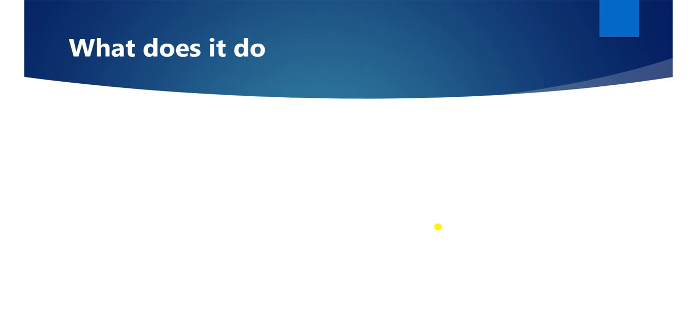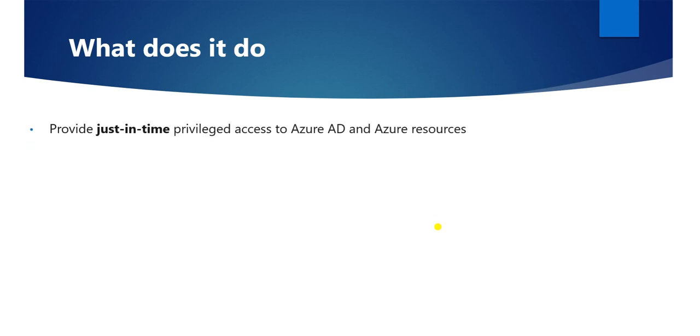So now what does it do? PIM provides just-in-time privileged access in your Azure Active Directory. Just-in-time privileged access means that just for a specific time you can assign admin access or any type of access to your resource. It assigns time-bound access.